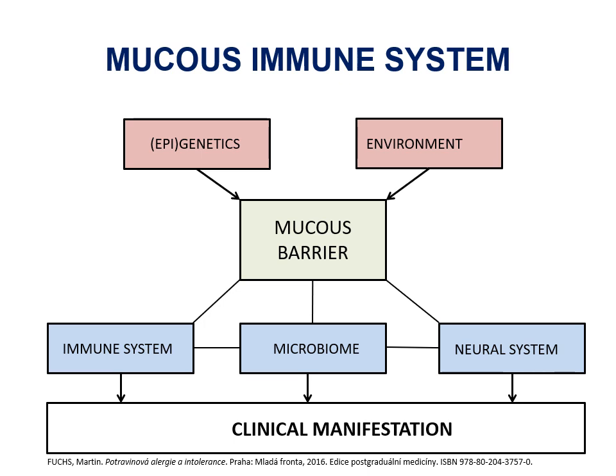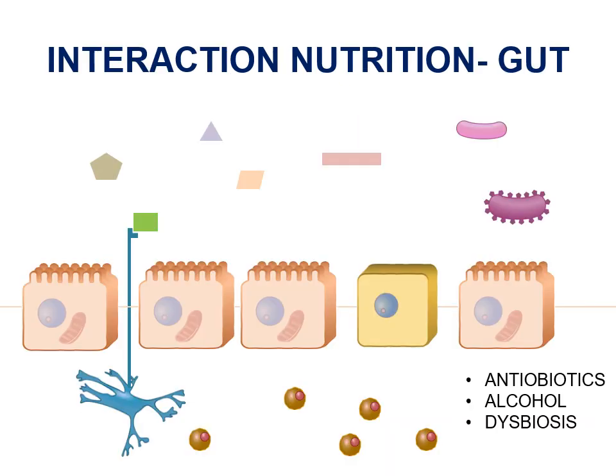The mucous immune system can be formed by the mucous barrier, which is usually epigenetic and environmental. It is protecting, and the mucous barrier can also interact with the immune system, microbiome, and neural system, and all those things together form the clinical manifestation.